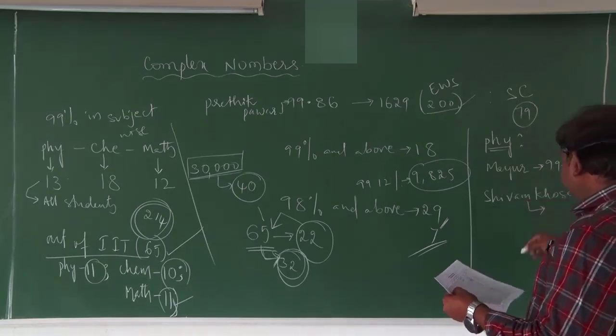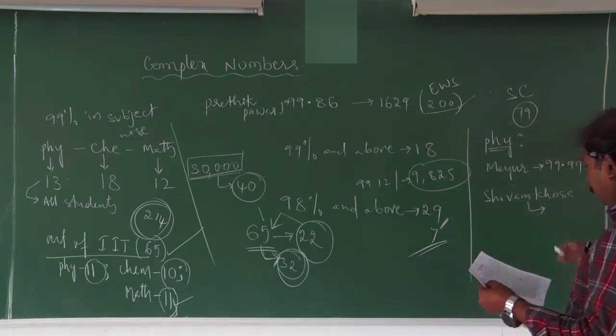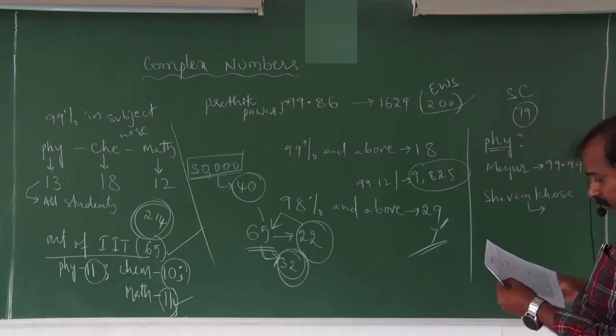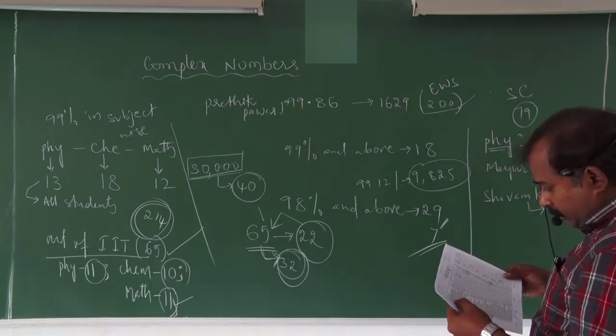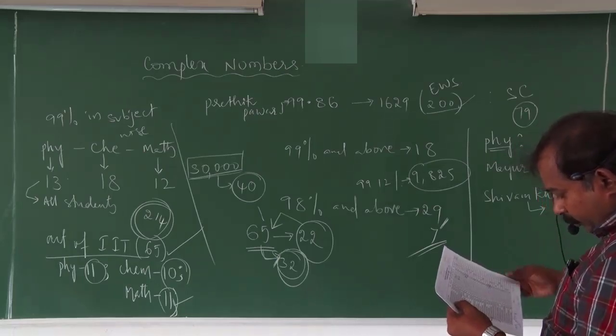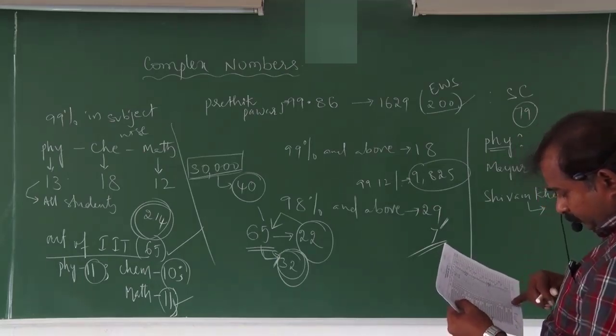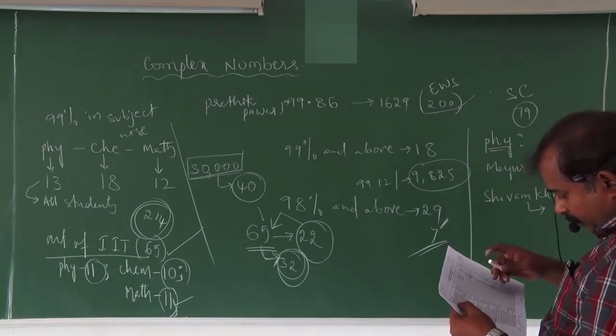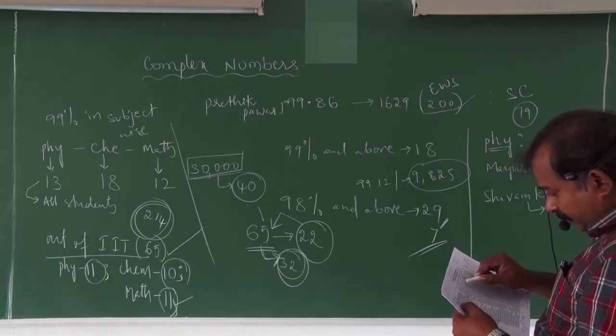Even this Shivam Kose, he got 99.9, no? Only one student. 99.9 percentile. Let me cross check one time.